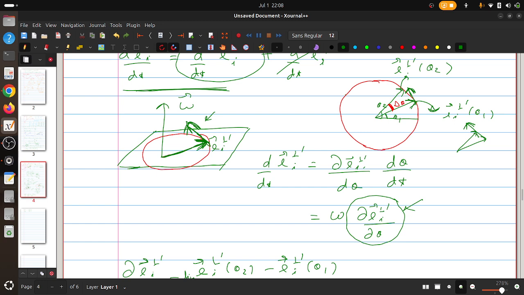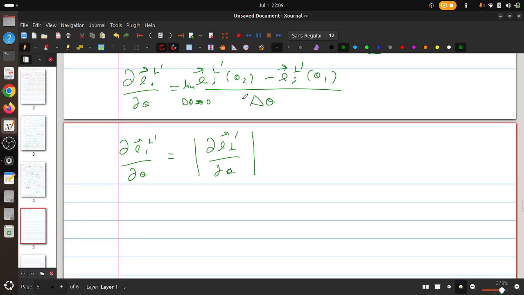But can we represent this direction using the omega and EI perpendicular prime? Just think about it. It is indeed possible, and we can represent this as a cross product of the omega vector with EI prime. But notice we have to take unit vectors here, because if you want to represent this direction, it should be a unit vector, right?